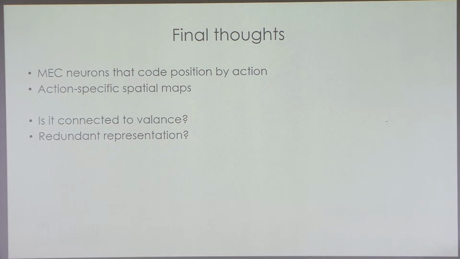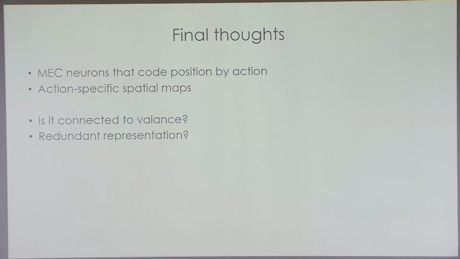Because these positions are not any positions. These are important positions. The reward is there, and so on. The answer is probably yes. I don't know how to decouple it experimentally, but these are actionable positions, positions where you can do an action. So it's probably connected to that.